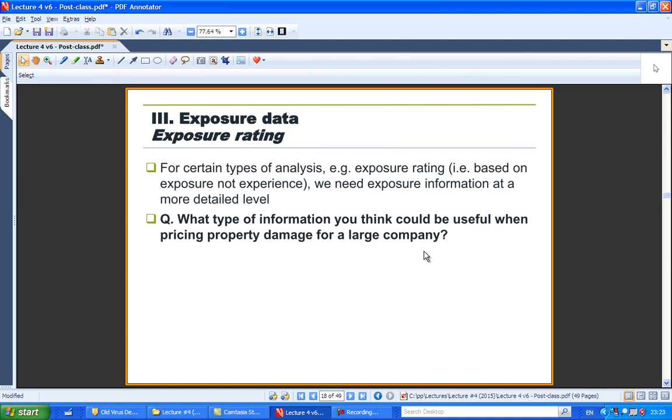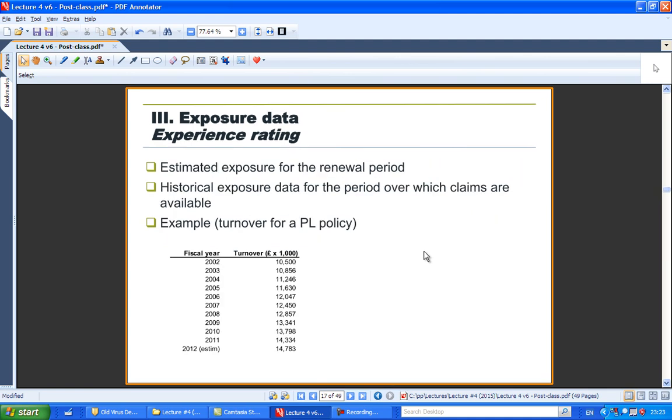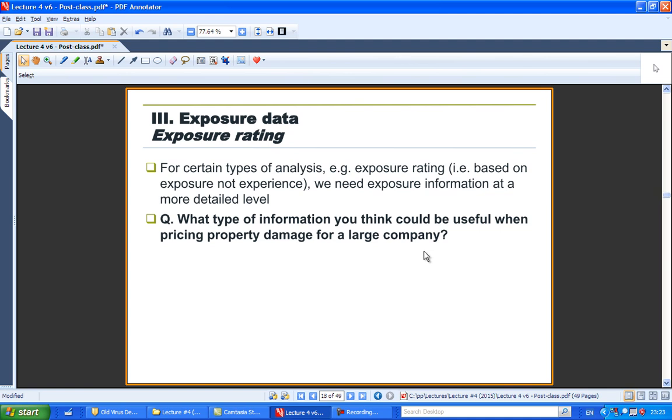Exposure data. Yes, what we saw in the previous slide was exposure data for experience rating. So rating, pricing made on the basis of past claims experience. As you certainly know, and as we will see later on, there's another type of pricing, another way of doing pricing, which is called exposure rating.